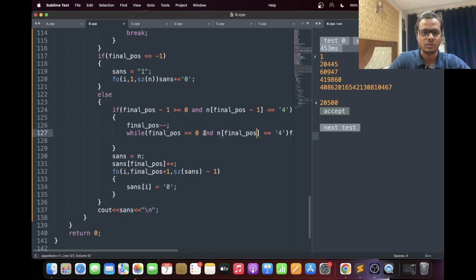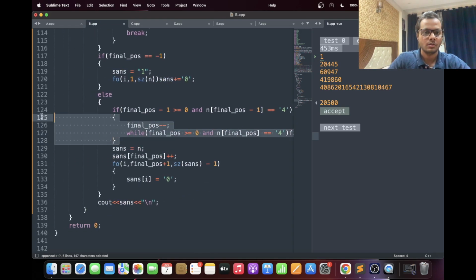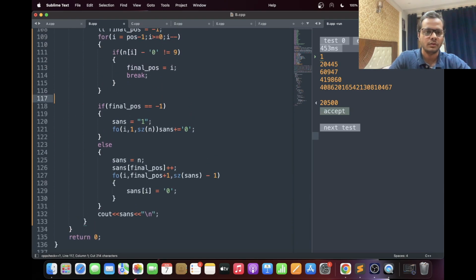Yeah, so we can do final pos minus minus. So we can do this here itself.